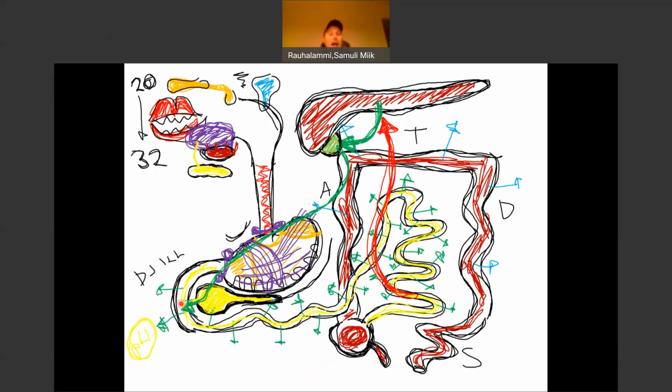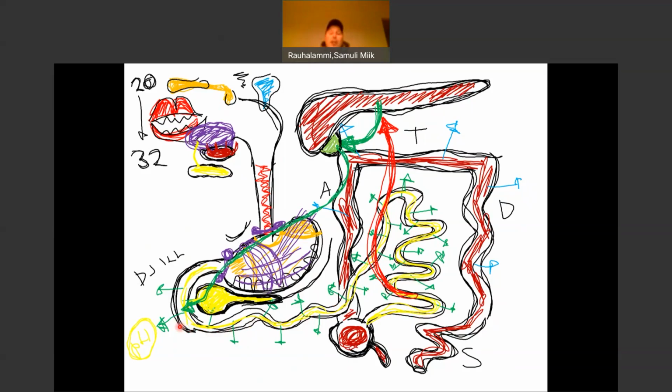But this material largely neutralizes the acidity of the stomach secretions. And now that it's more neutral, a lot of these enzymes, a lot of the digestive processes start working more optimally. And it turns out that the small intestines is really the main site of absorption of the materials for that reason. So not in the stomach, but at the small intestines is where a lot of the absorption happens.